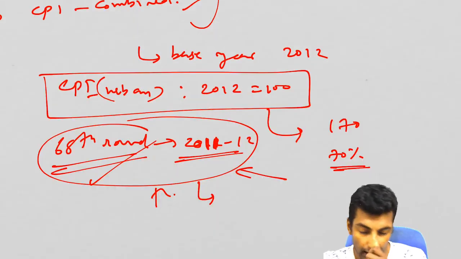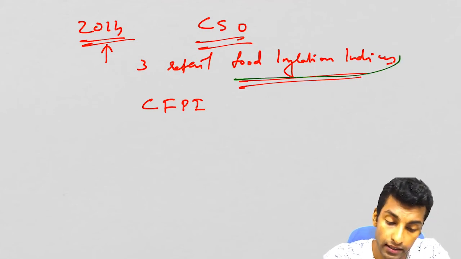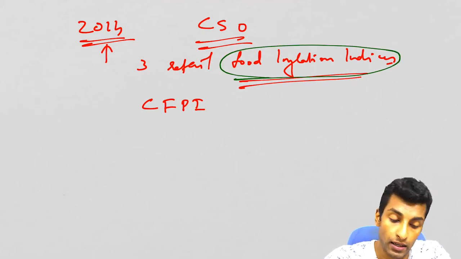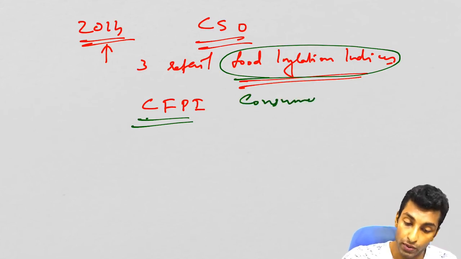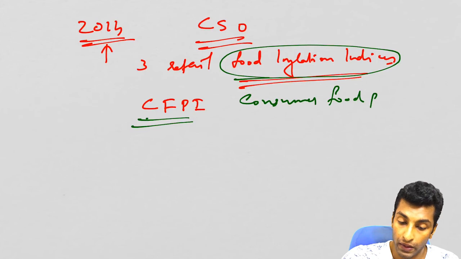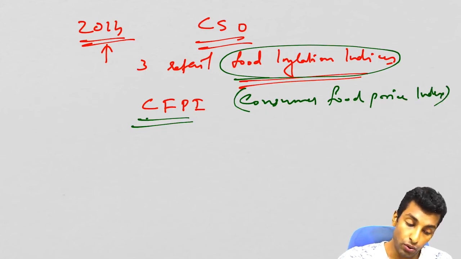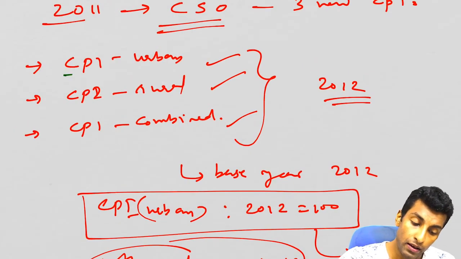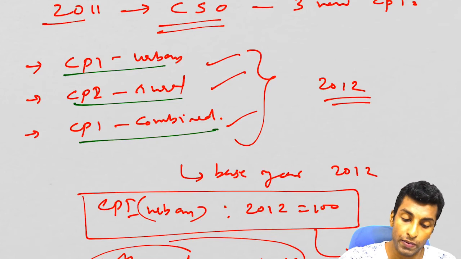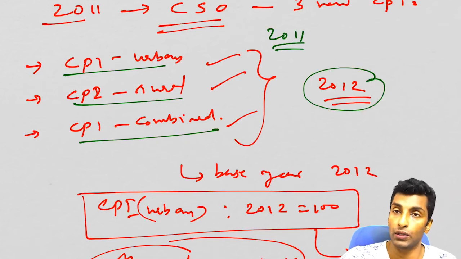Here we were writing CPI, Consumer Price Index. So here it is crystal clear that it is food inflation. So Consumer Food Price Index. Exactly the same. Here we have seen CPI urban, CPI rural, CPI combined. This was introduced in 2011, base year 2012.